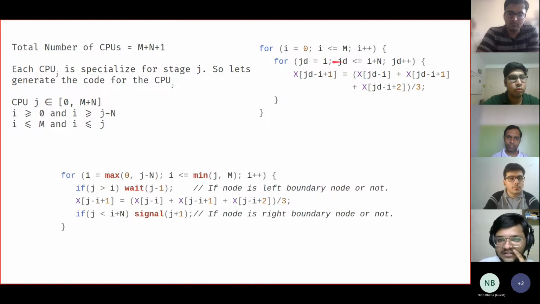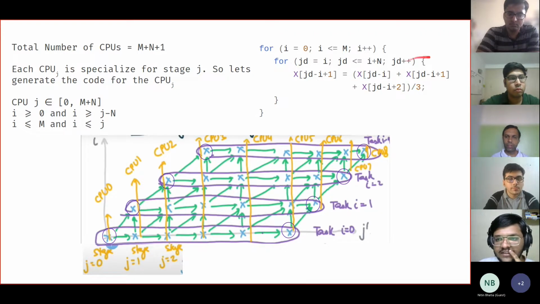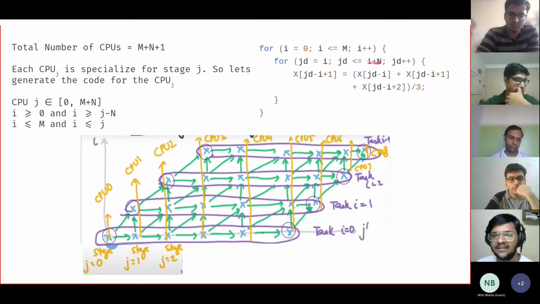For a particular stage j, let's see the values of i that we want. We know the basic bounds here: i is greater than or equal to 0 and i is less than or equal to m. Now for a particular value of j, i is less than or equal to j, and i is greater than or equal to j minus n.